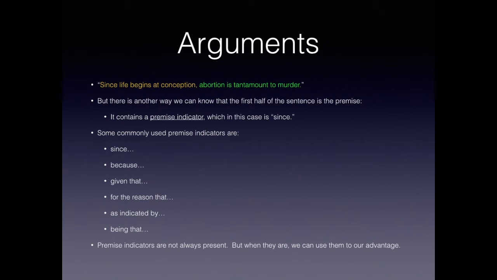But remember, I said that you could start with an indicator word, but then the clauses do some weird thing so that it's not completely straightforward. So you always want to know what clause the indicator word refers to, because that's going to tell you whether it is a conclusion or a premise. But remember, the indicator words are not always going to be there, so make sure you remember that why test.